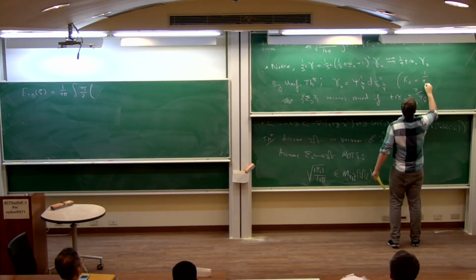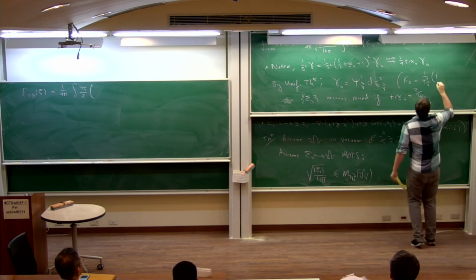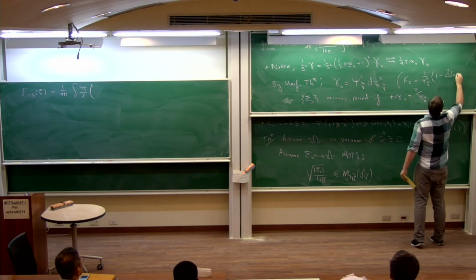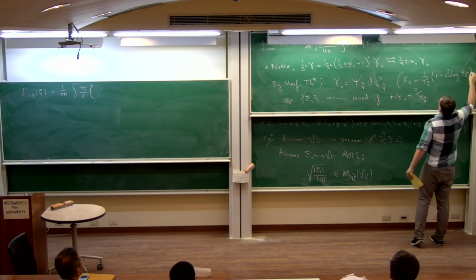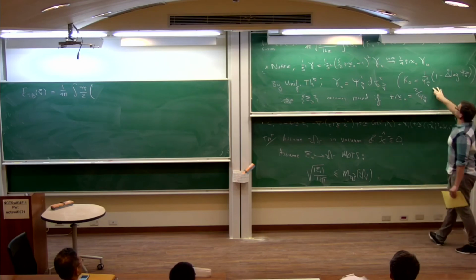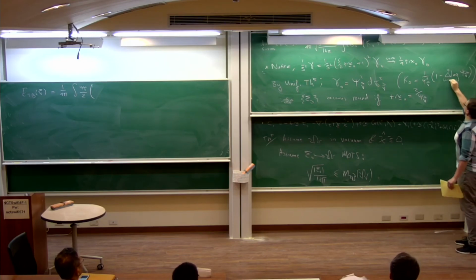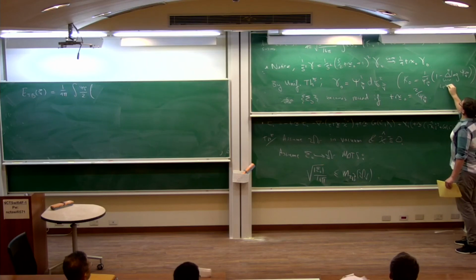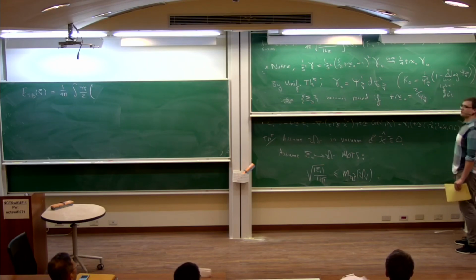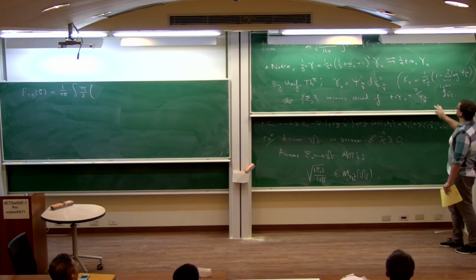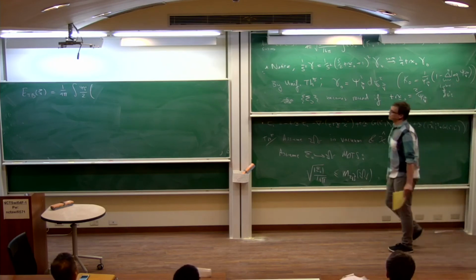It's exactly 1 over psi squared times 1 minus the Laplace-Beltrami operator of this round metric. Okay, so I can replace this for the Gauss curvature.